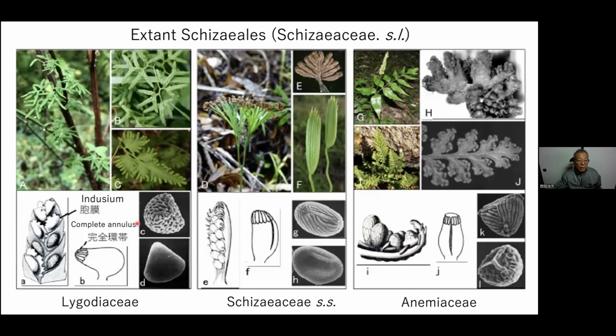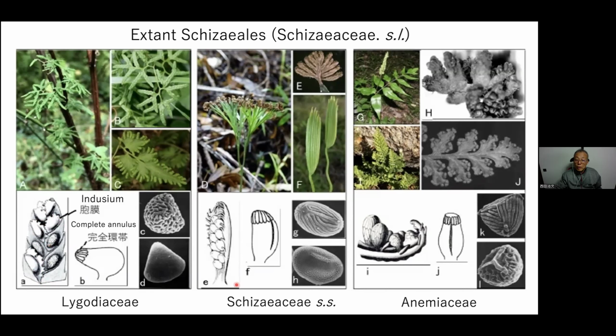The particular feature of the Schizaeales is that they do not have a typical sorus. Otherwise, each sporangium is borne on the dorsal, ventral side of the segment, solitary, and usually making 2 lines along the midrib. And only in Lygodiaceae, there is an indusium for each sporangium.